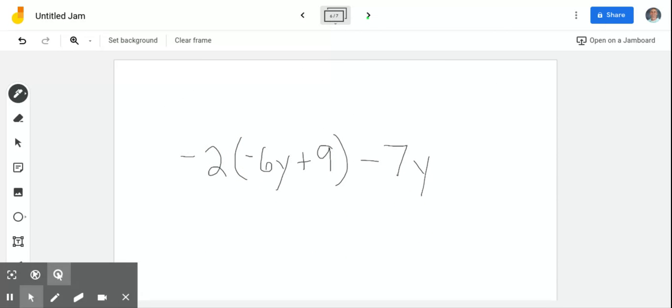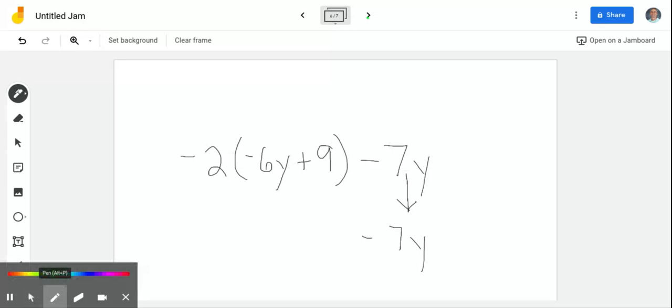Okay, next problem is negative 2 outside the parentheses. Inside the parentheses, negative 6y plus 9, minus 7y. Which number is up against the parentheses and which term is sitting out there on the island by itself? This negative 7y is just out there, so just bring it down. We'll mess with it later.